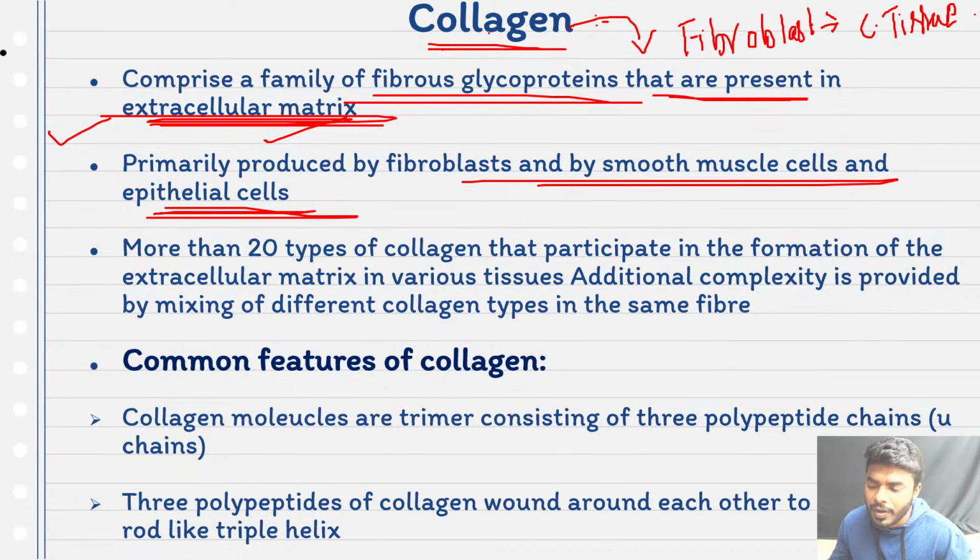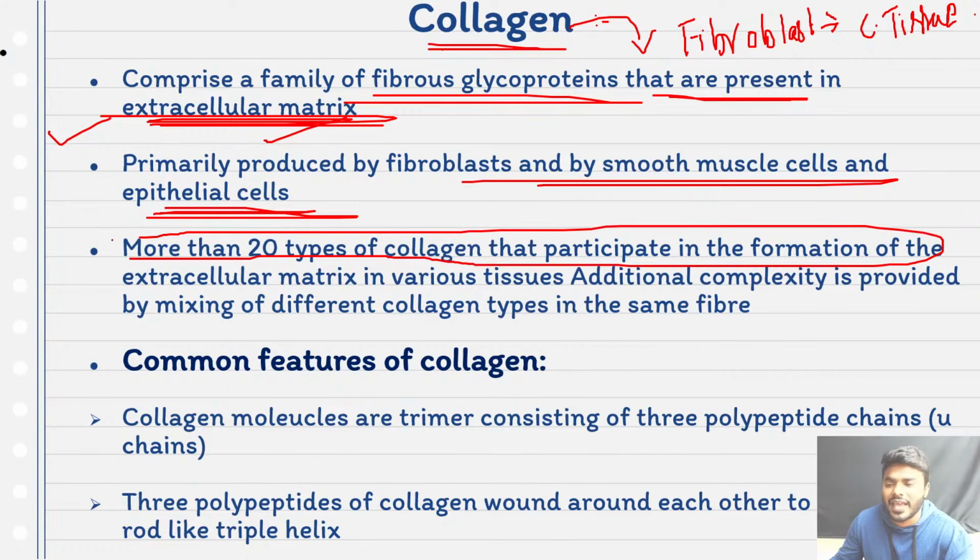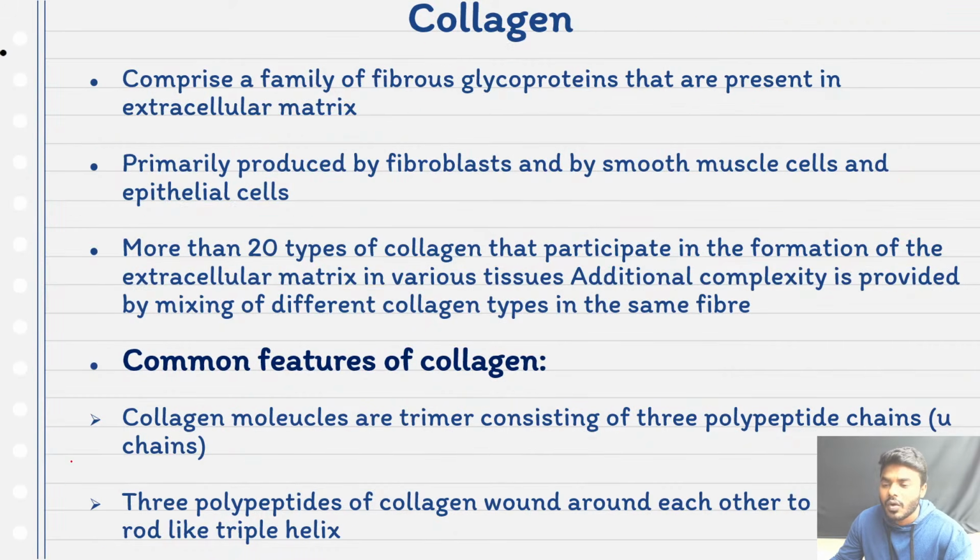How many types of collagens are there, friends? All the students, please listen to my statements. More than 20 types of collagen molecules participate in the formation of the extracellular matrix. Kindly do not get confused with this, and every student pay attention. What are the common features of collagen?